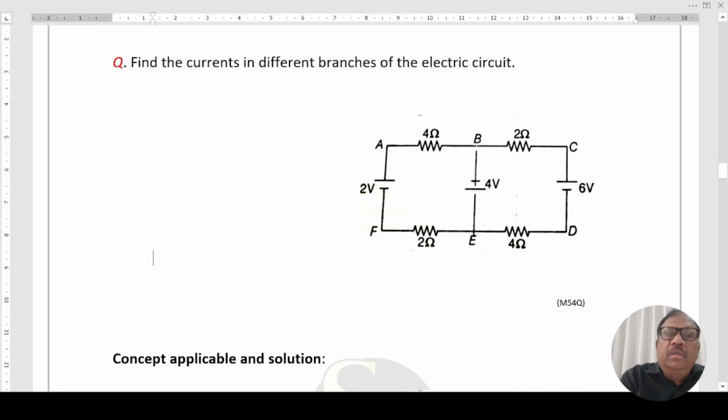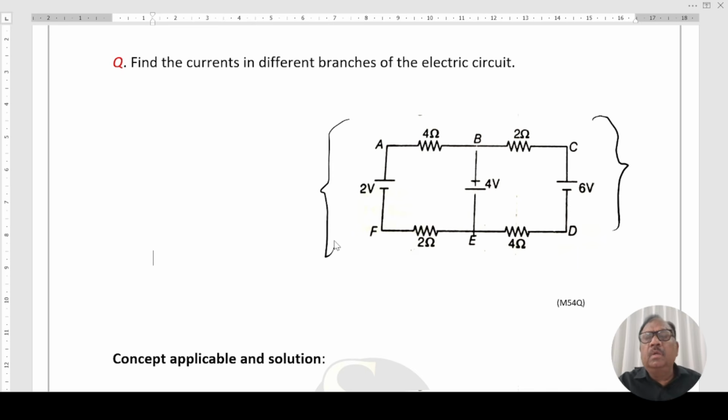Question is, find the currents in different branches of the electric circuit. The concept of this question is discussed in the concepts.